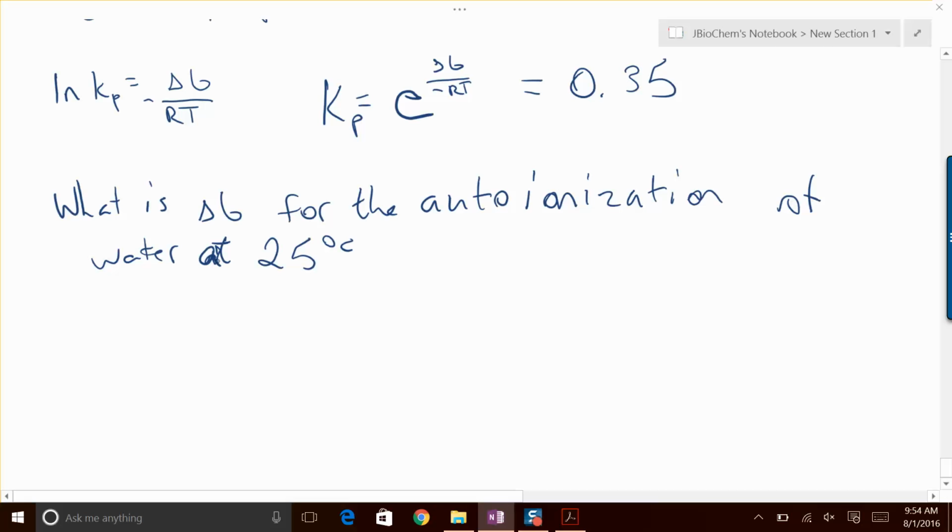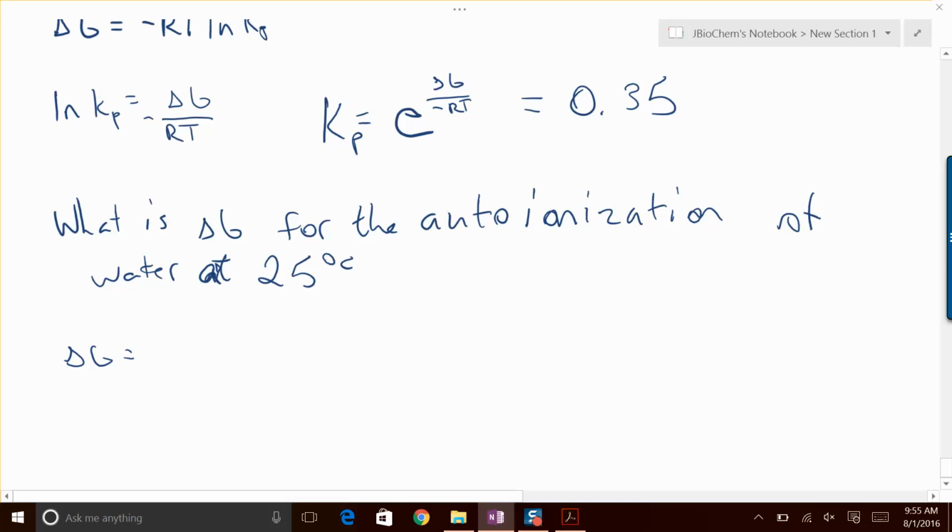What is delta G for the autoionization of water at 25 degrees Celsius? What's my K here? Is it a Kp? Is it a Kc? Is it a Ks? Is it a Ka?